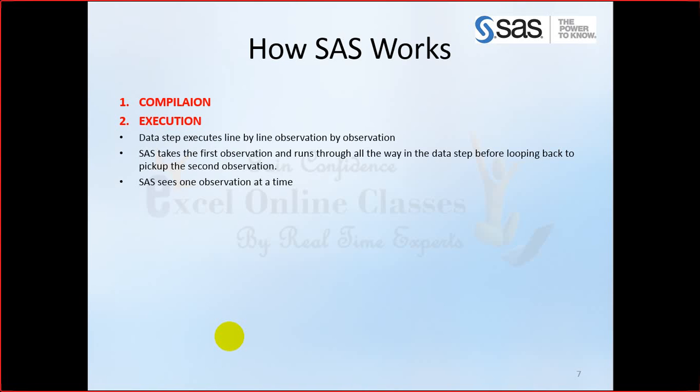In the PDV, the data set is built. PDV is the program data vector. In the PDV, if the syntax is correct, SAS will process one observation at a time. In between, the input buffer is created. Then execution: if everything is correct, SAS will execute.